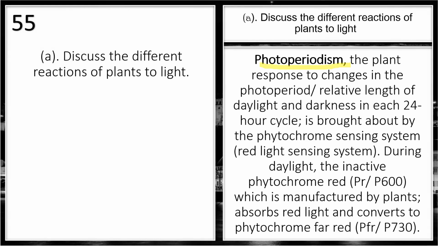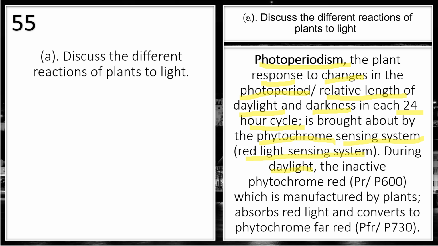Photoperiodism. The plant response to changes in the photoperiod, or relative length of daylight and darkness in each 24-hour cycle, is brought about by the phytochrome sensing system, the red light sensing system.